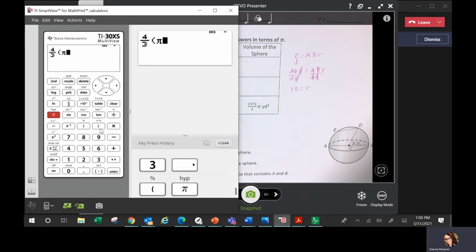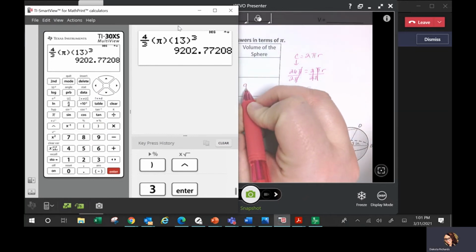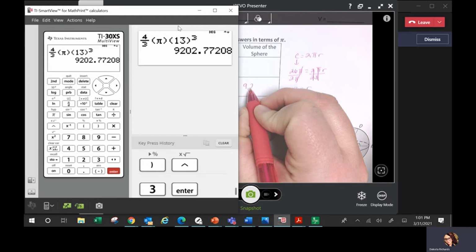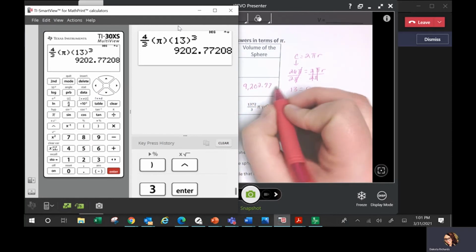When in doubt, use parentheses. And that's 13 raised to the 3rd power. Okay. That gives you 9,202.77 cubic feet.